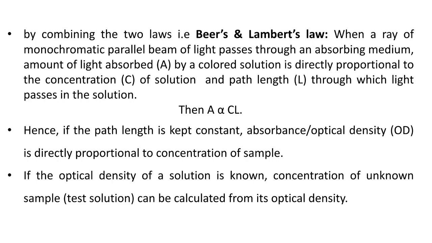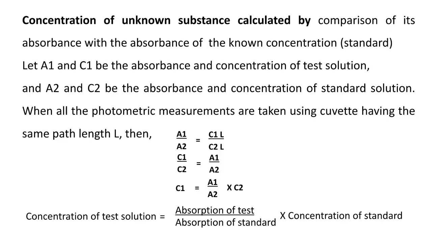So how will we obtain an unknown sample concentration? The concentration of an unknown substance is calculated by comparing its absorbance with the absorbance of a known concentration, called the standard.